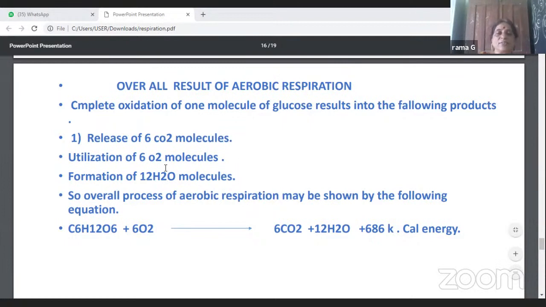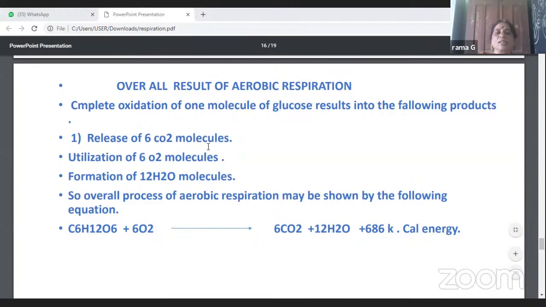That means glycolysis, Krebs cycle, and the electron transport. Throughout these three steps, 6 CO2 molecules are released, 6 O2 molecules are utilized, and 12 H2O molecules are formed.